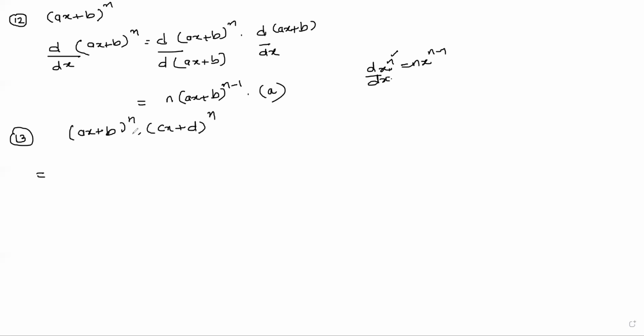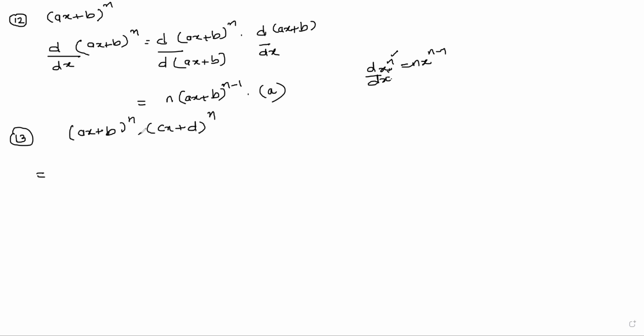If we differentiate x to the power n, this x and this x should be the same. We did the chain rule in the last class, right? Yes, sir. So these two should be the same, then only we can differentiate it. Here we first have to handle the power, and for that these two should be the same.